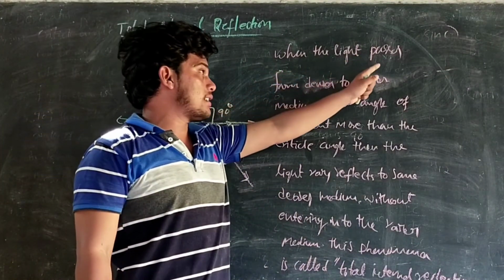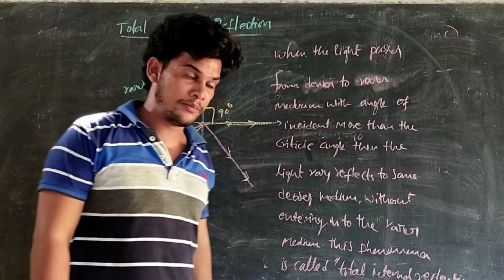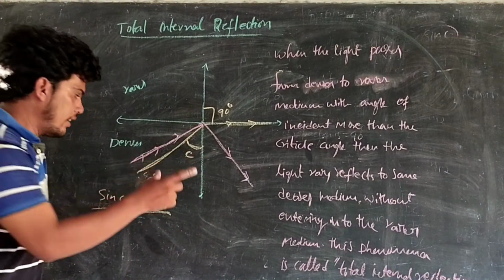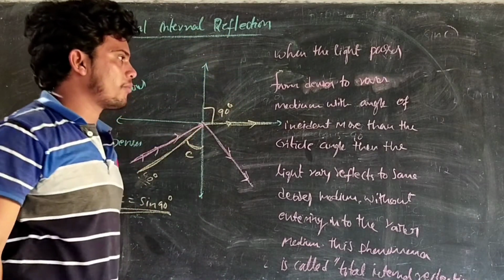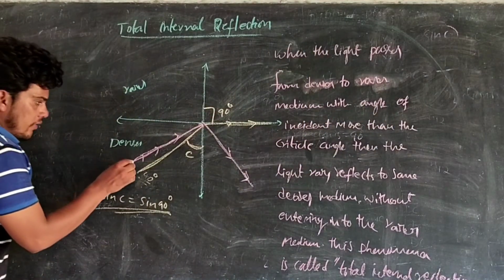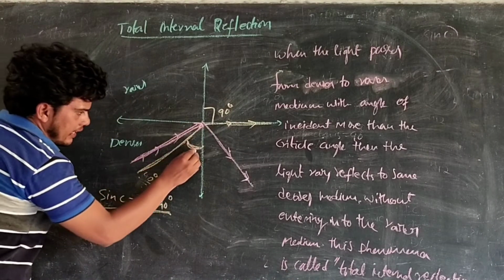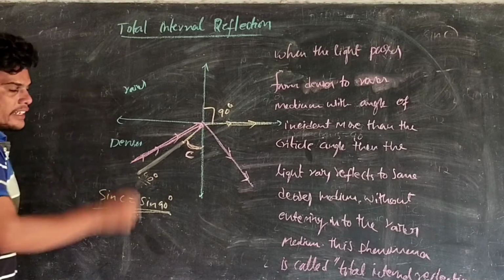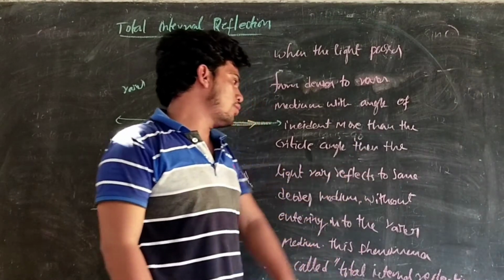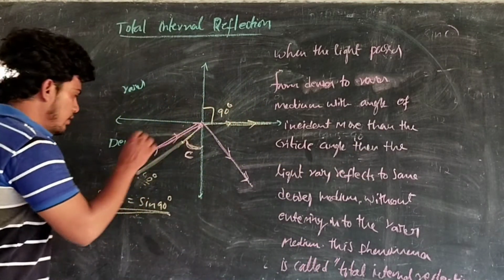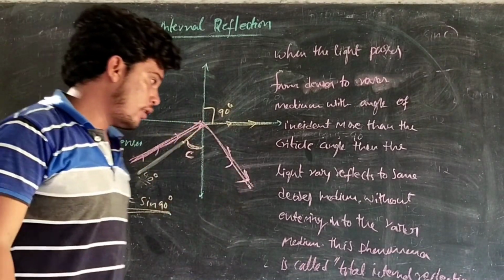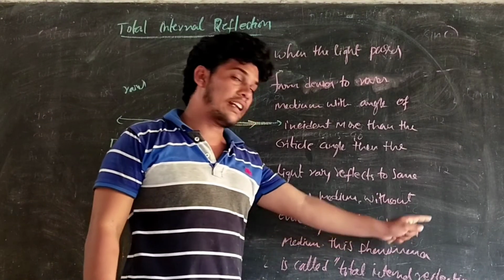When the light passes from the denser medium to the rarer medium with an angle of incidence more than the critical angle, then the light ray reflects back to the same denser medium without entering the rarer medium.